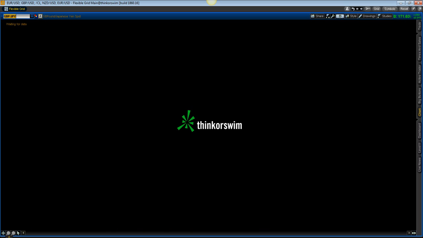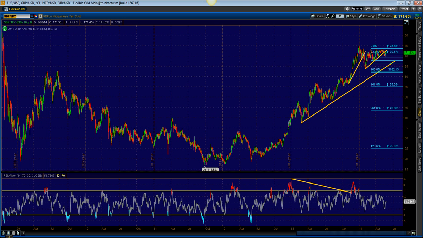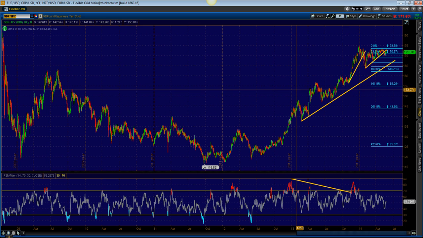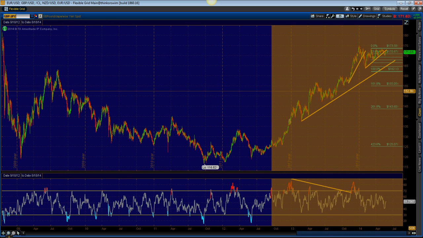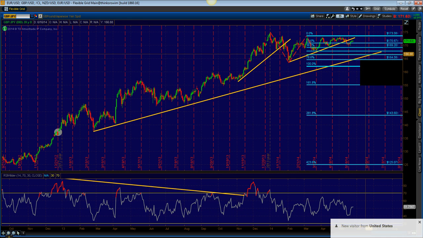In terms of the pound yen, I like it a lot. Looking for a little bit higher to get short the pound yen, but we can see off of the inside trend line the breakout there, and then ideally looking for at least the 61.8% fib extension, which is about 166.50.